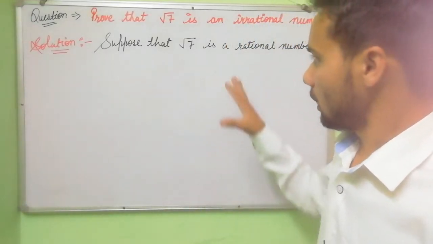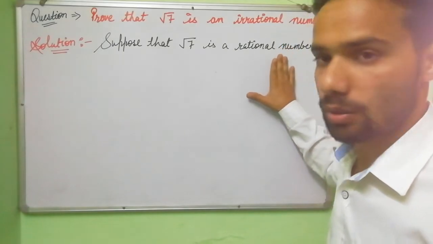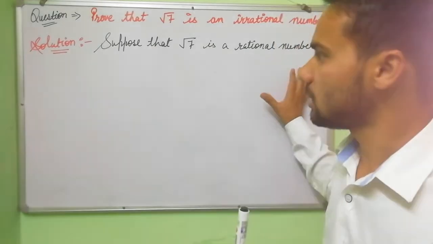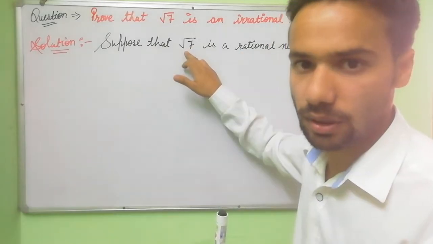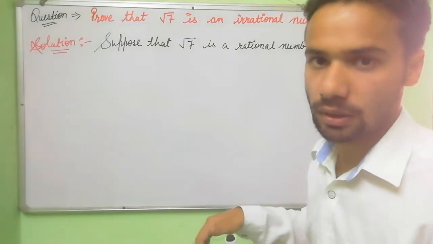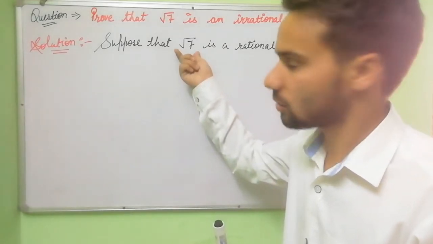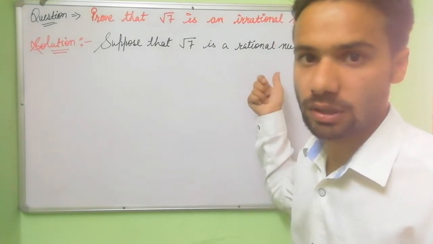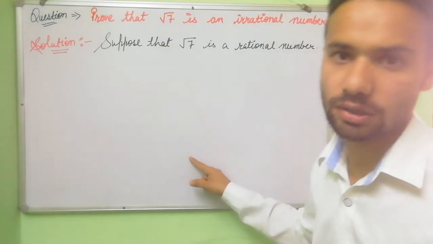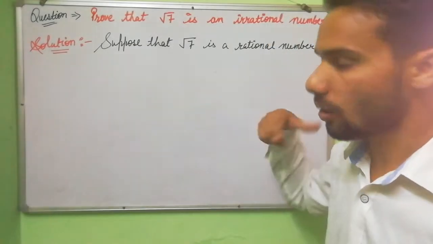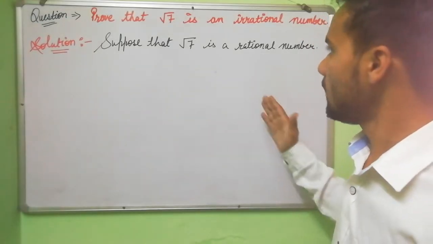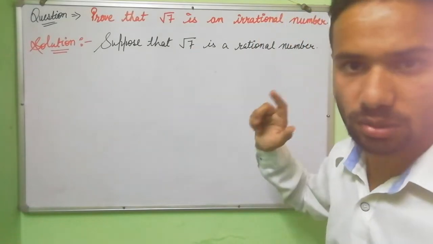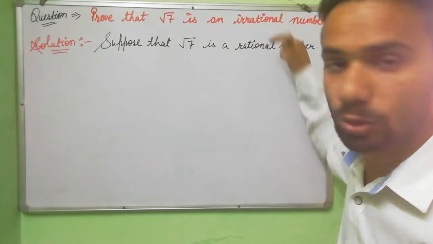Contradiction method says, if you suppose this number as a rational number, but after comparing this number with the properties of a rational number, if it does not satisfy the conditions of a rational number, that means this number is not a rational number. So that is the contradiction here. Our supposition becomes wrong, and this number is not a rational number, and it is called an irrational number. That is the reason I take the opposite here.